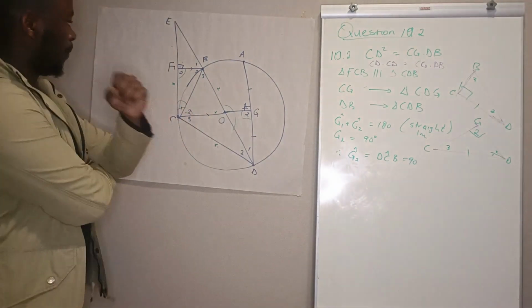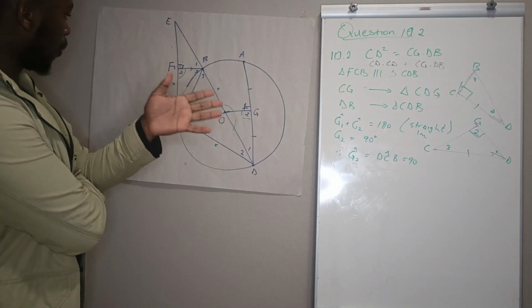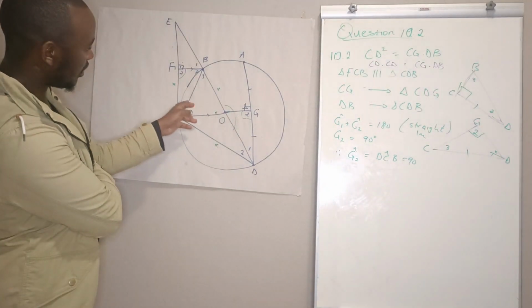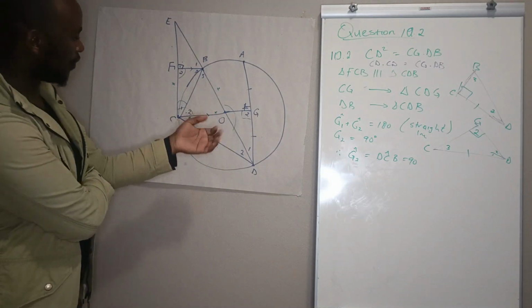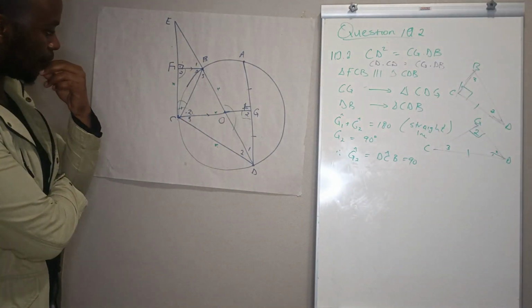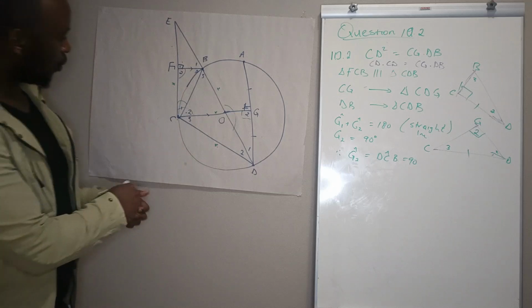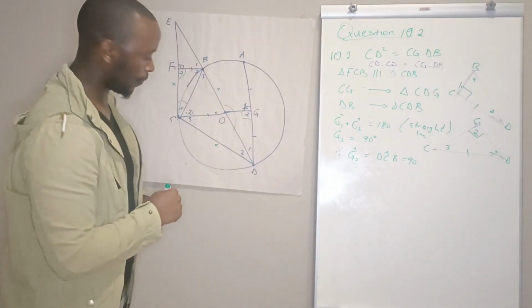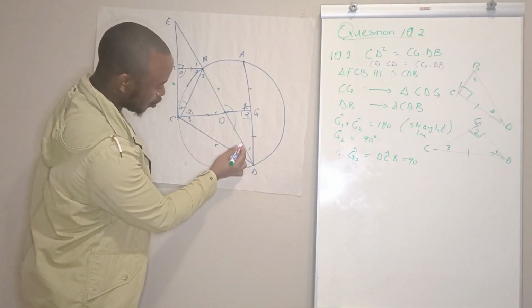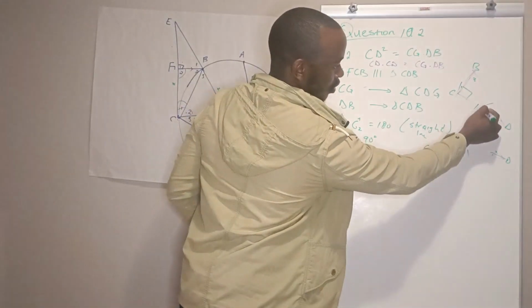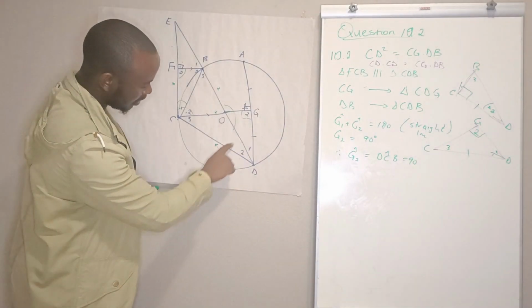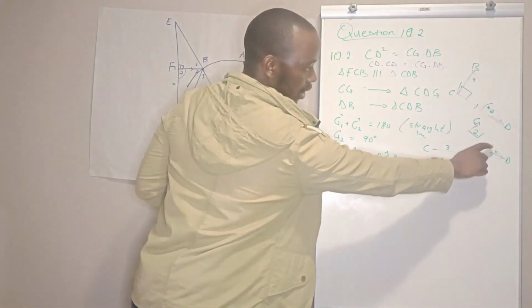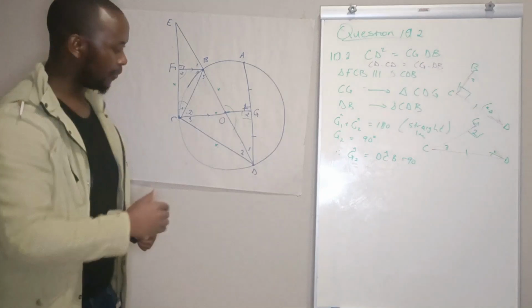So if we observe this line in here, we know that there's already that 90 degrees. And let's ask ourselves, what else can we benefit from this calculation? We can definitely know that this angle D2 can never be equal to this angle here, that is D1 and D2. So this is you cancelling certain angles.